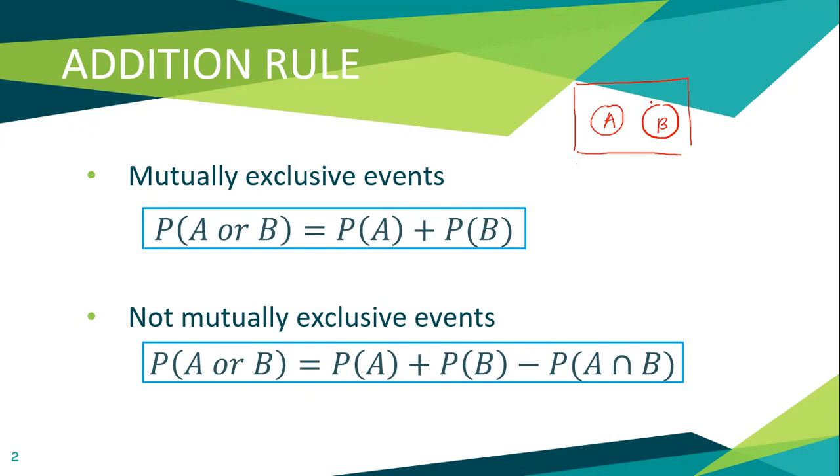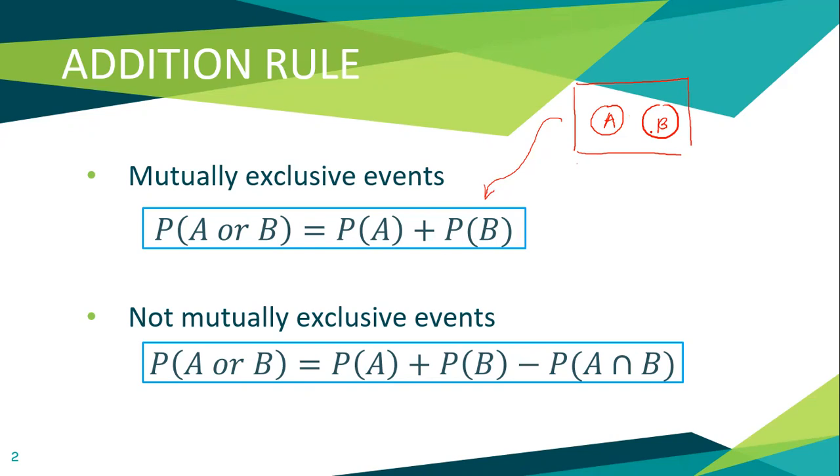So kapag ganyan, na wala silang common outcome, ano ang gagamiting formula? You are going to use this one. You just add the probability of A and the probability of B. As simple as that. So, i-add mo lang kung ano man yung binigay na probability sa kanilang dalawa.